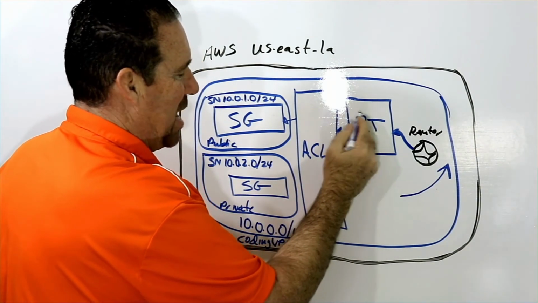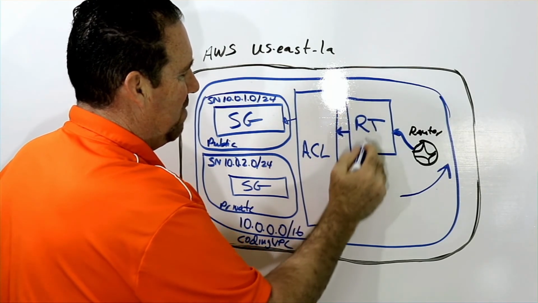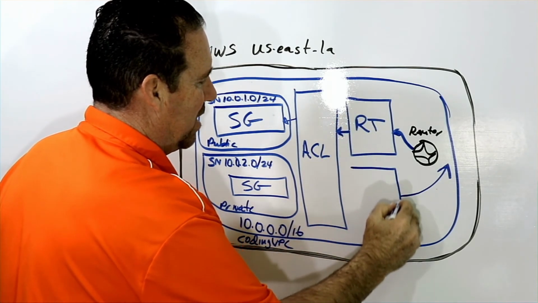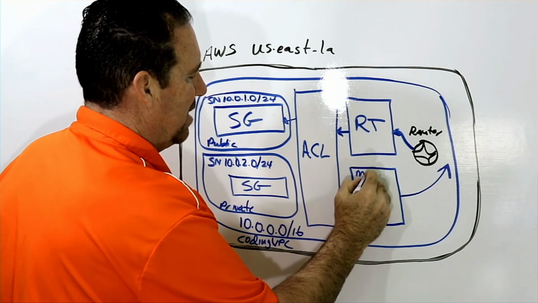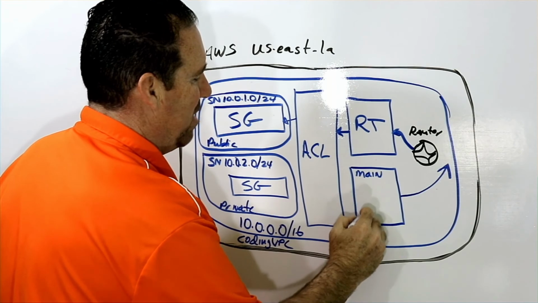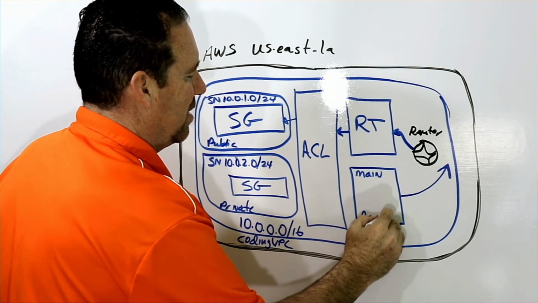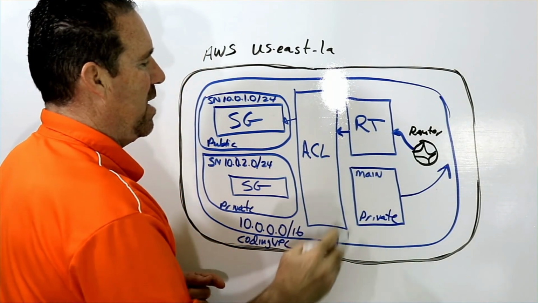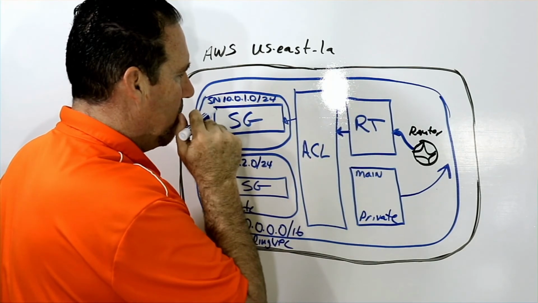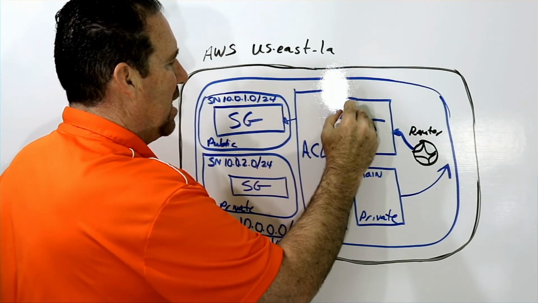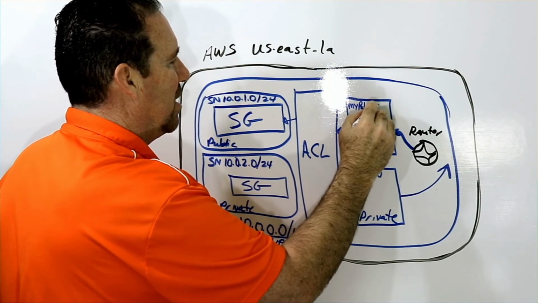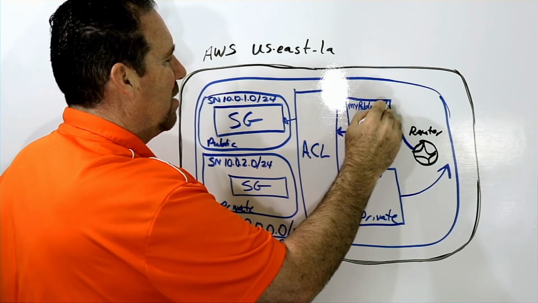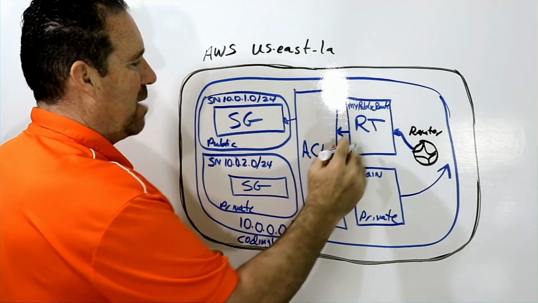Actually, let's say this was the main. I just like to have the privates. So this is main, and it remains private. And the new one we made, we call this my public route. Okay, we made that public.